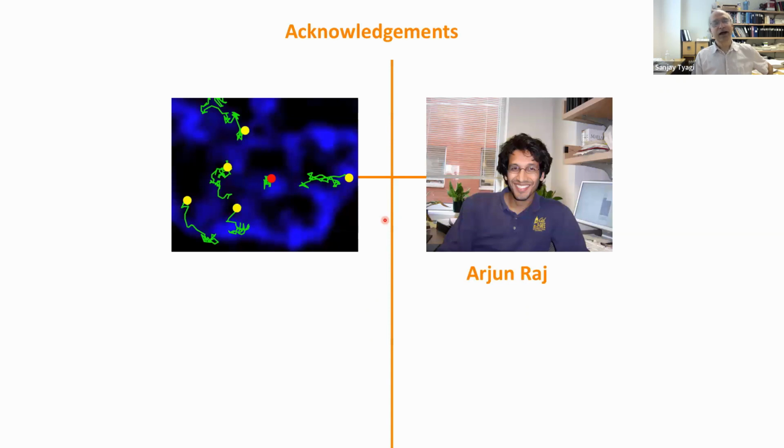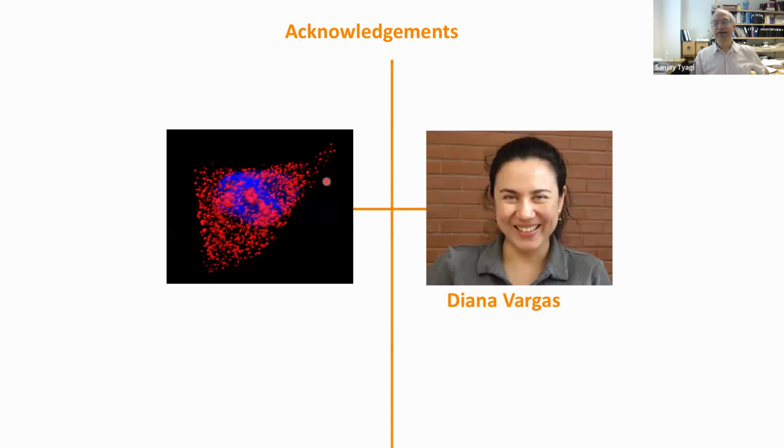Arjun Raj was the mathematician turned biologist. He's a star at UPenn. His Twitter has 10,000 people following him. Diana Vargas is still in the lab. She developed these arrays of tandem repeats. It took 2 years to make one construct, a Herculean task.